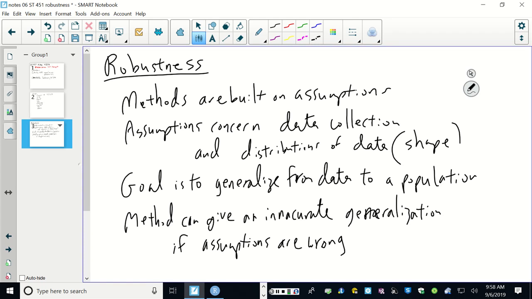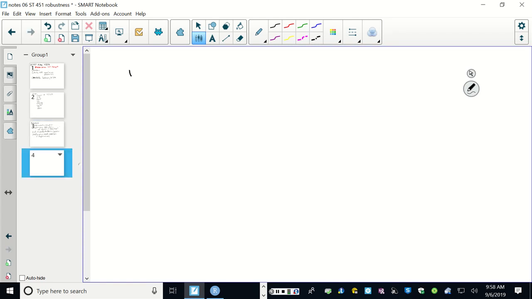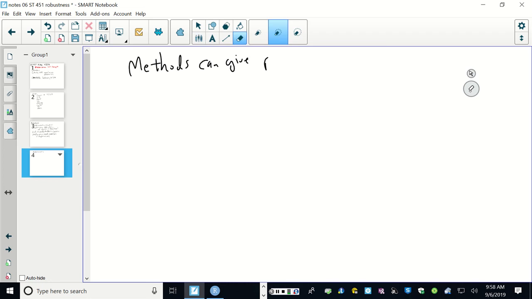But methods can be very accurate. Methods can give precise inferences.